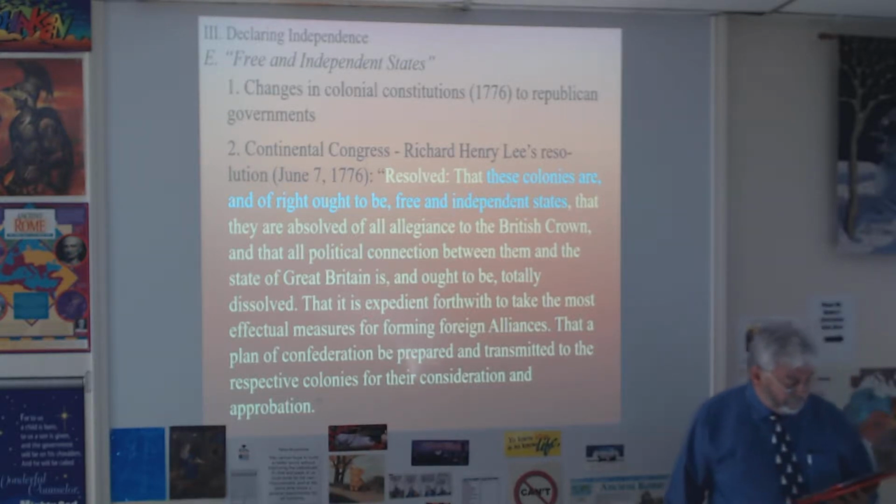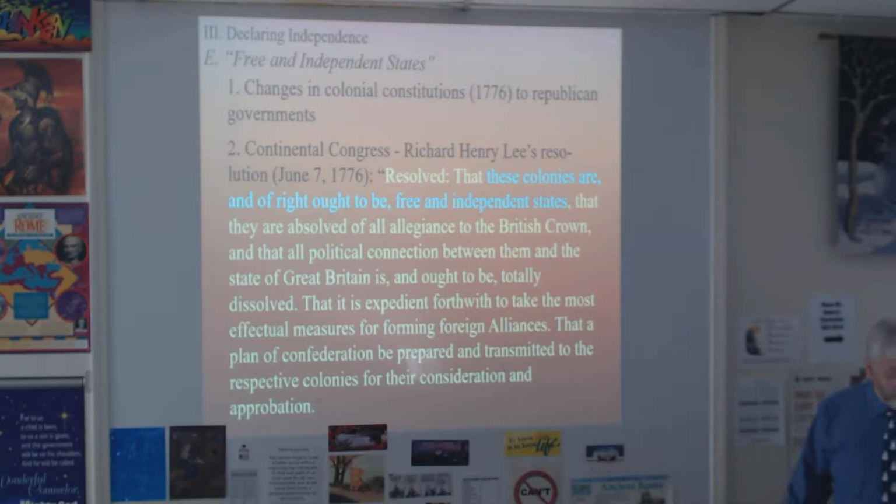He made this resolution: "Resolved that these colonies are and of right ought to be free and independent states." That's the most important part of that. He continues to explain that they are absolved of all allegiance to the British Crown, and that all political connection between them and the state of Great Britain is and ought to be totally dissolved.